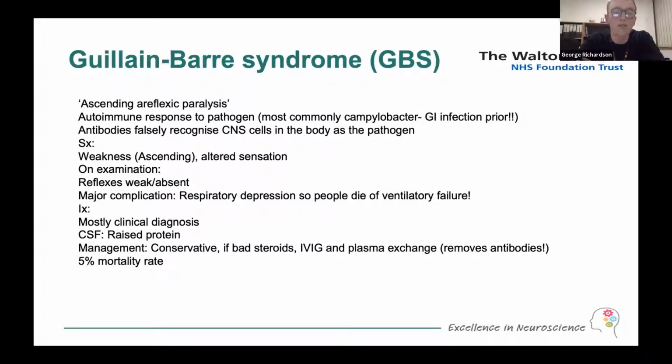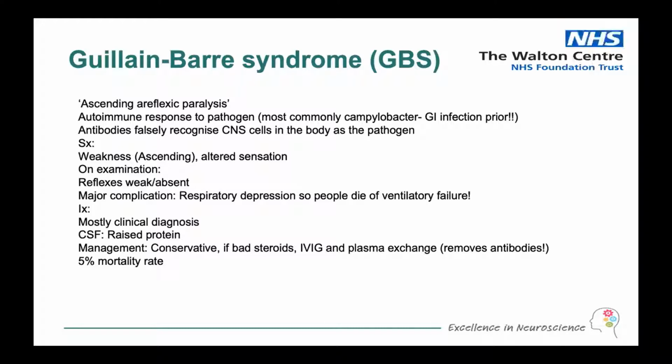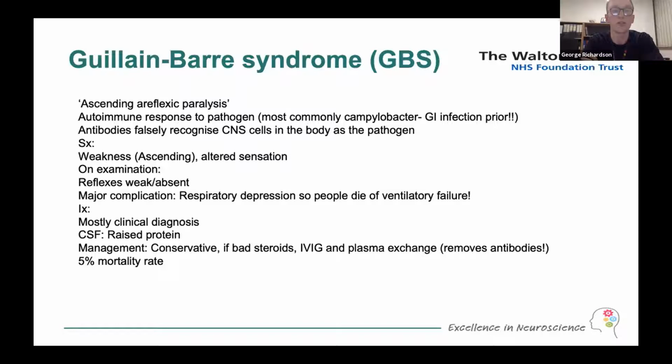The major complication in these patients, and something to be aware of, is that if it progresses far enough, they can get respiratory depression. If you ever see these patients on the ward with Guillain-Barré, you can get extra points by pointing out, if the consultant asks why there is a peak flow by the side of the bed, that every couple of hours the nurses will come and ask them to do it and monitor their respiratory effort. So if that's dropping off, you know that they're deteriorating and they might need some respiratory support.